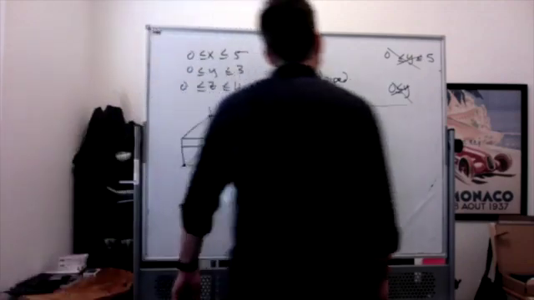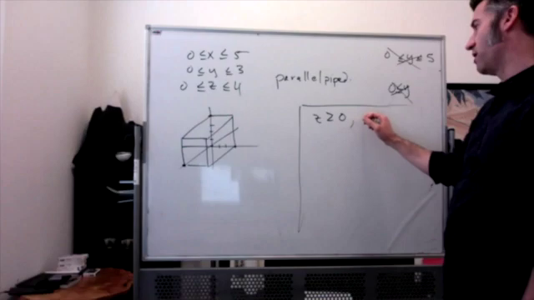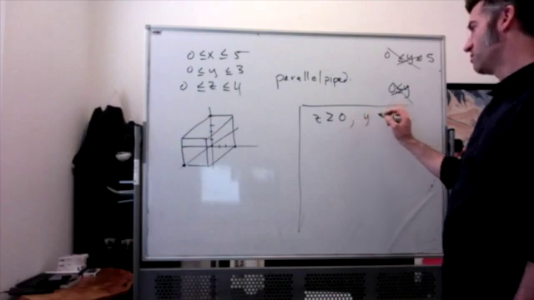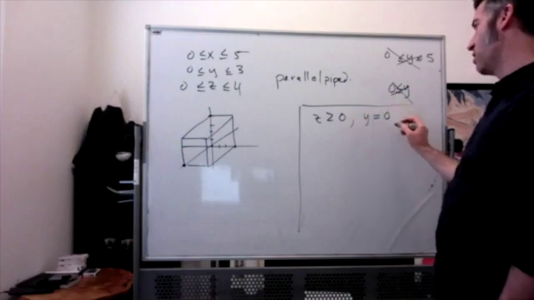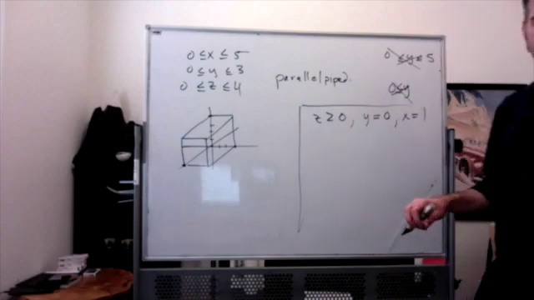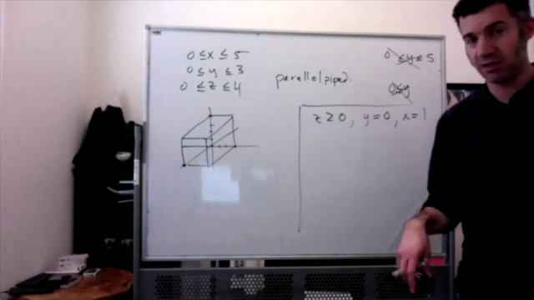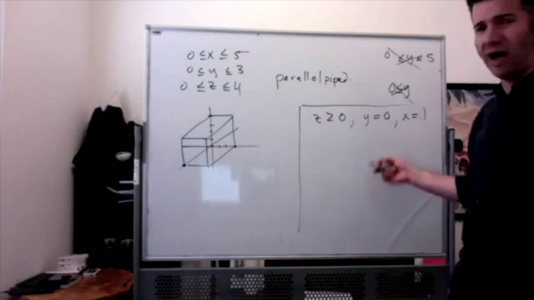Or if I said z is greater than or equal to 0 and y is equal to 0 and x is equal to 1. Let me make sure I'm not saying something idiotic here. Well, so I actually am not sure what I'm saying.